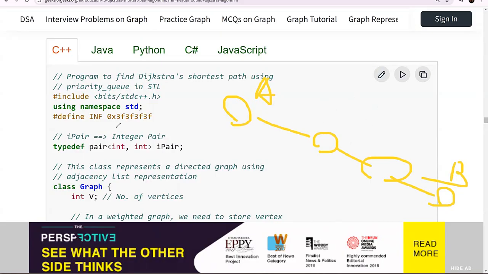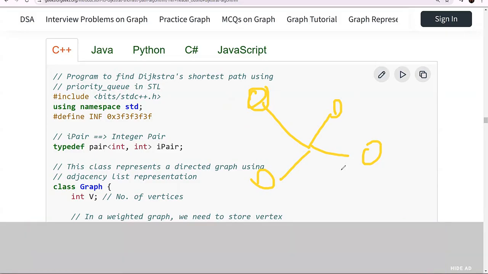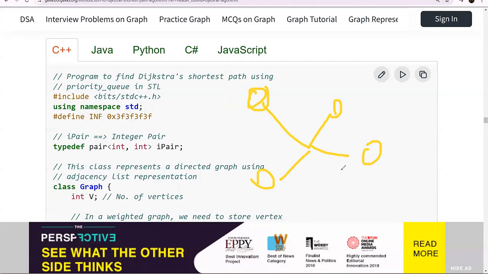It's called Dijkstra's algorithm. Minimum spanning tree is when you have a few cities that you need to connect, like building a railroad system or a network system at minimum cost. That has two versions: one is called Prim's algorithm, the other is called Kruskal's algorithm.